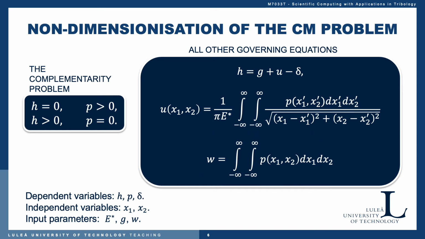And just to remind ourselves, we have 3 dependent variables: the deformed gap, h, the pressure, p, and the interference or rigid body separation, delta. We have independent variables, x1 and x2. We have input parameters in terms of E star, g, which is the gap between the undeformed surfaces, and w, which is the load that we apply on this system.